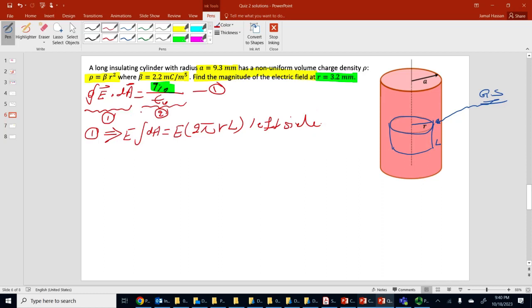Now we need to find the right side of equation 1. The right side is simply Q inside the Gaussian surface divided by epsilon naught.